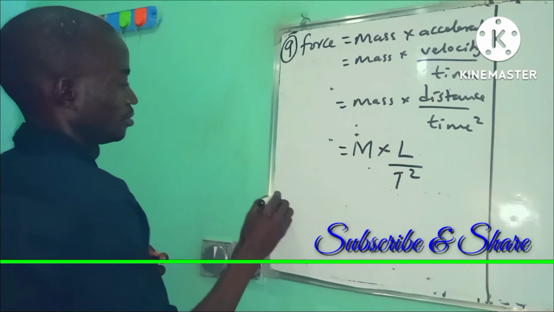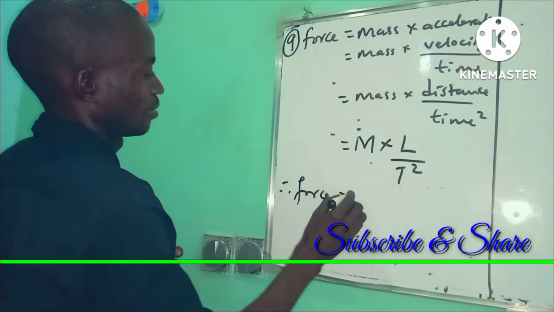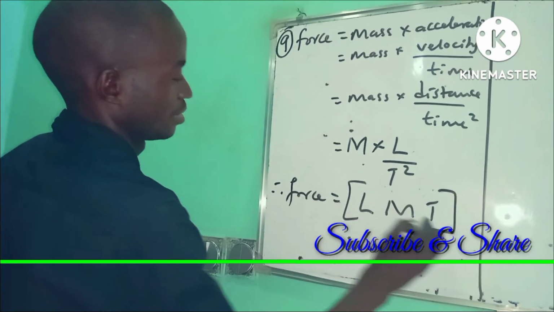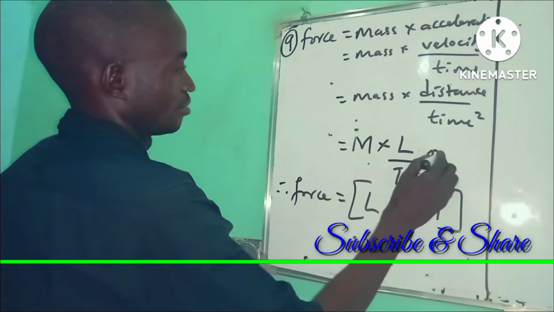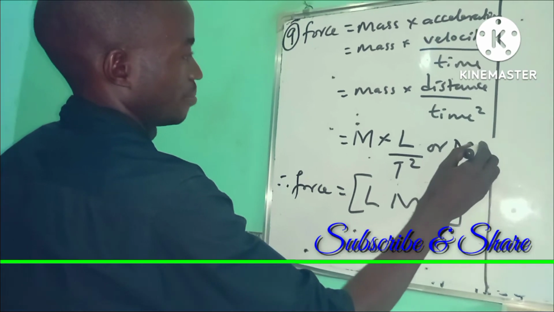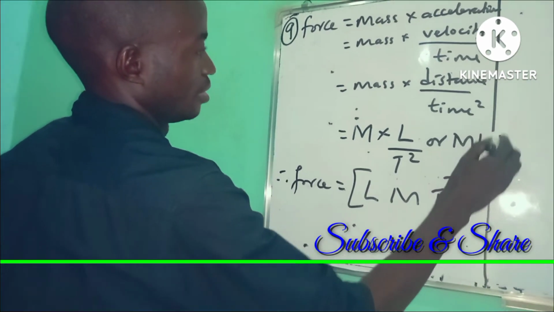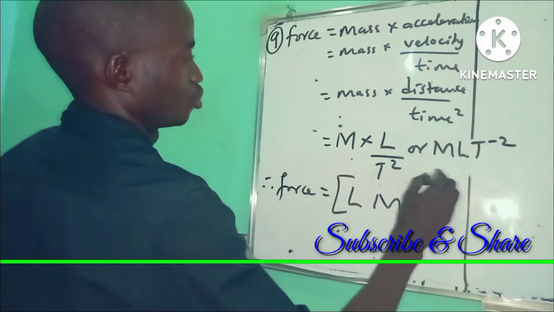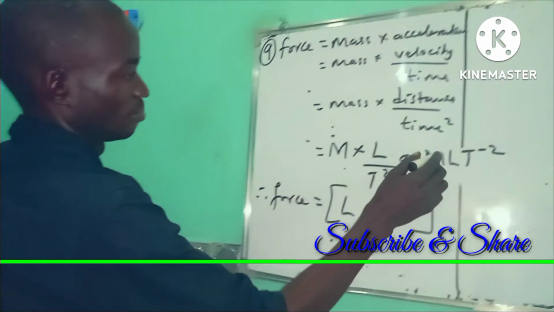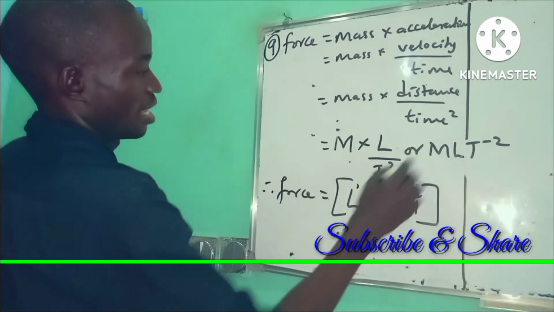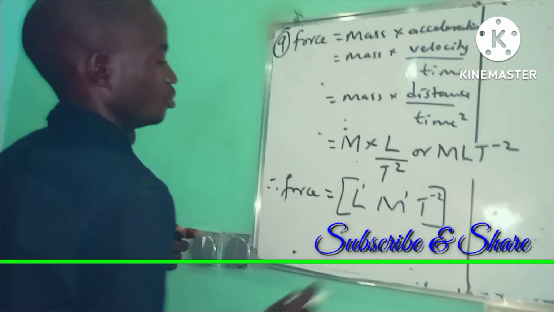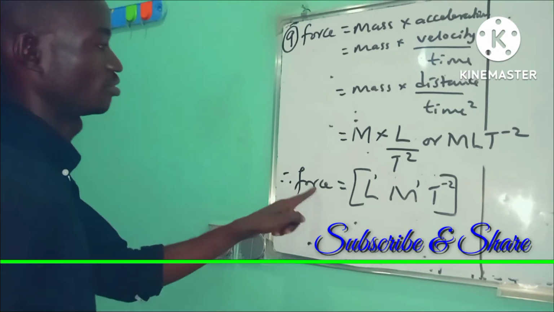So the dimension of force can now be written in terms of [LMT]. Now this can further be broken down as M times L times T to the power of minus 2. So here L is raised to the power of 1, mass, which is capital letter M, is raised to the power of 1, and T is raised to the power of minus 2. So this is the dimension of force.